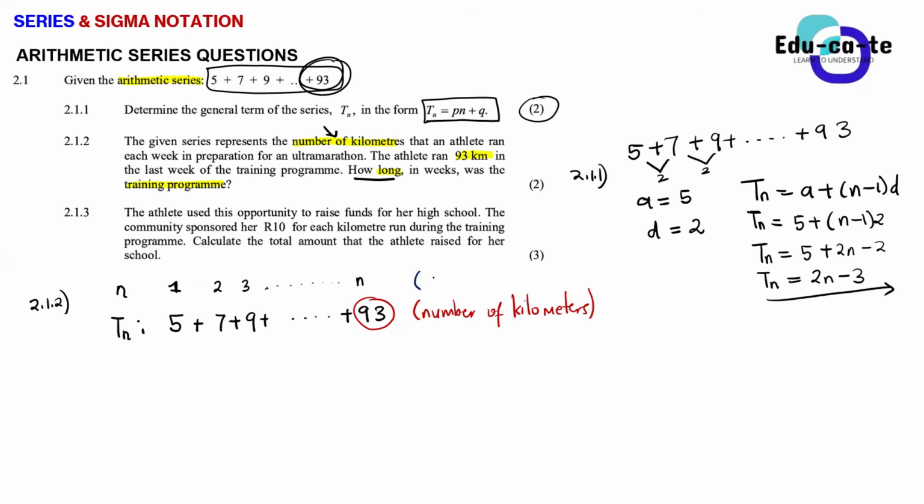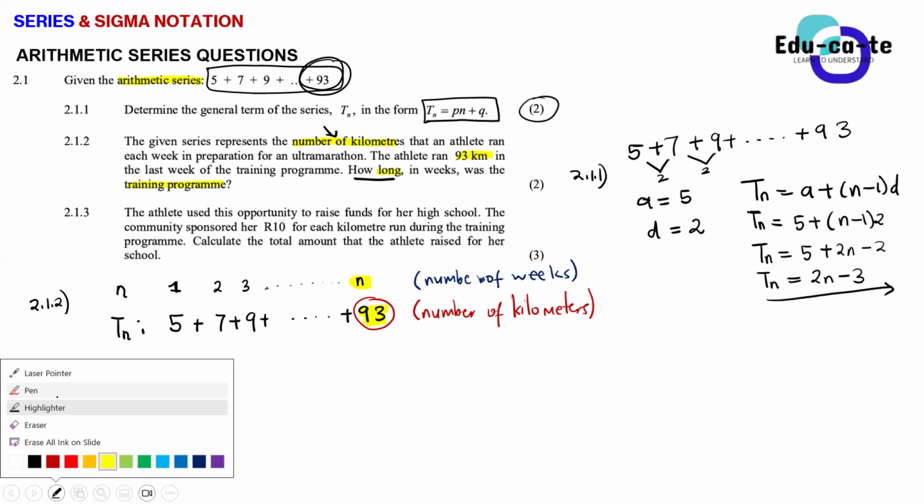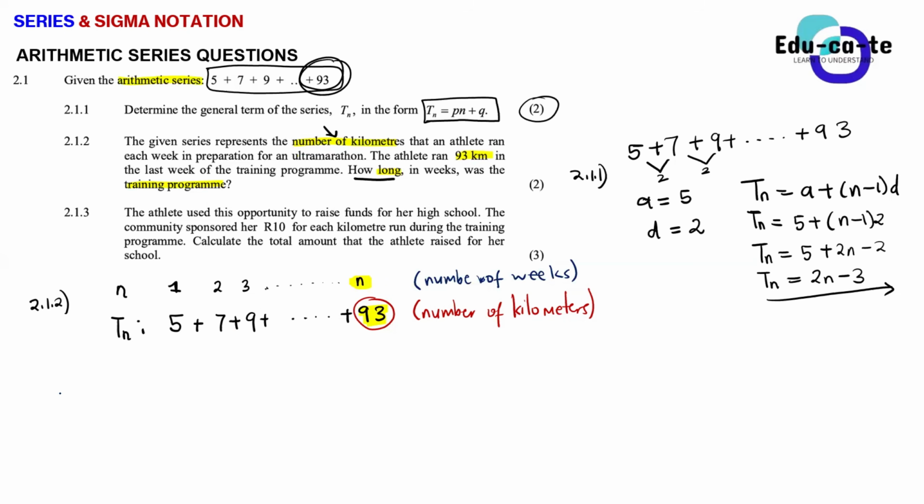So this is the number of weeks, because our statement is telling us that this is an athlete. So an athlete ran 93 kilometers in the last week. The last week, we don't actually know what week it is. So that's why they are saying how long in weeks. So we are solving for n, the position. Do you guys kind of get the application of this?